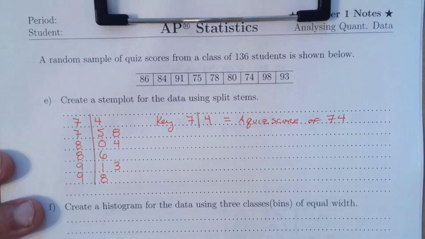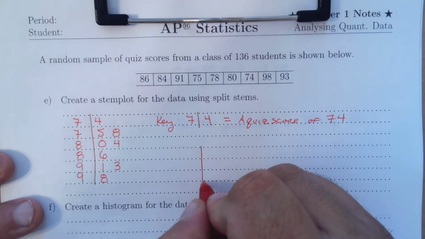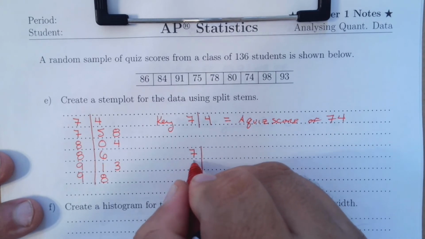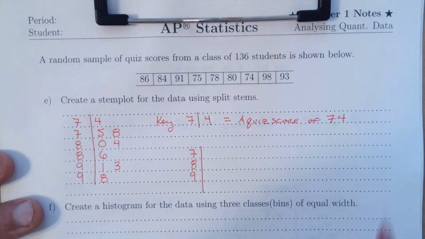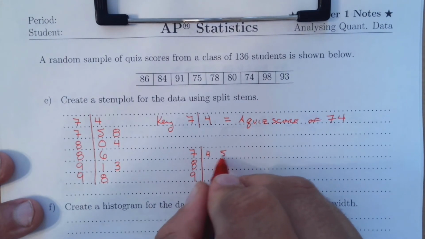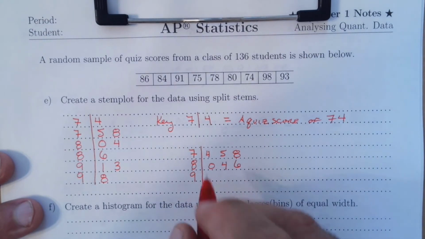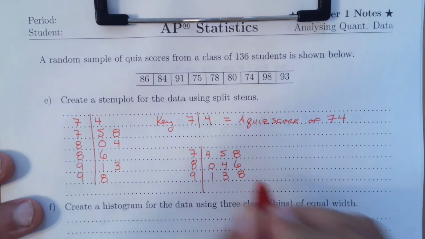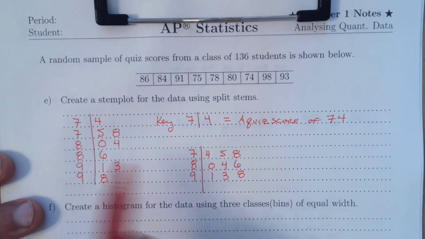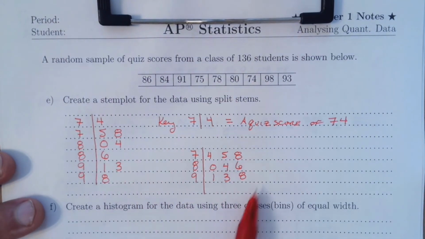If I was not going to split the stems, then I would only have 7, 8, and 9, and I would have 4, 5, 8, then 0, 4, 6, and then 1, 3, 8. For both of these, I get the general shape of my data and can see particular details as to where students might be scoring more frequently or less frequently. So I can see that information.